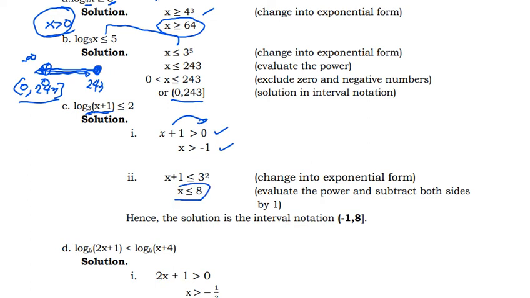So this is our solution. And looking at this one, that x is less than or equal to 8, and x is greater than negative 1, so kung i-graph natin yan into the number line, this is positive 8, then we shade this one and goes to the left because that is less than, the arrow goes to the left. And this one is negative 1 that is excluded goes to the right.